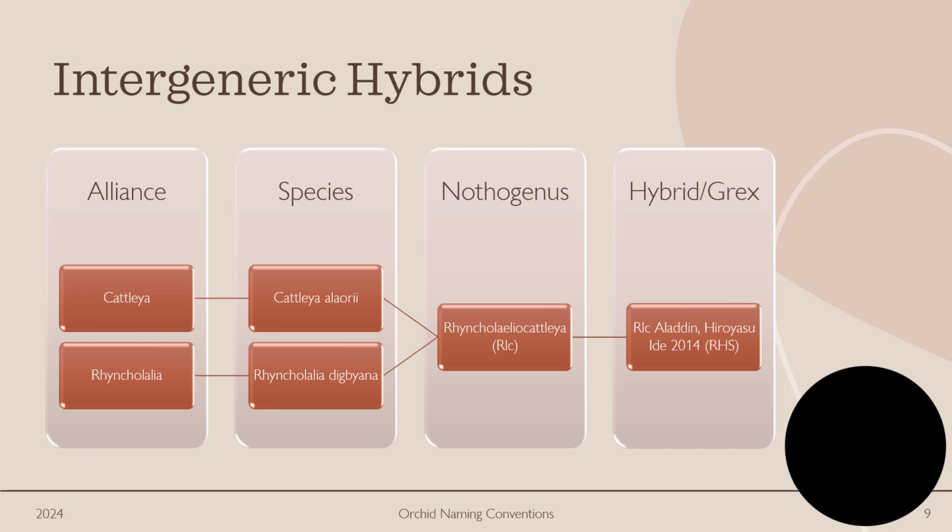Instead of saying a hybrid, which often is a very simplified term, we need to have a word which means something a bit more complicated to give the idea of how complex these crosses can be. So we use the word Grex.